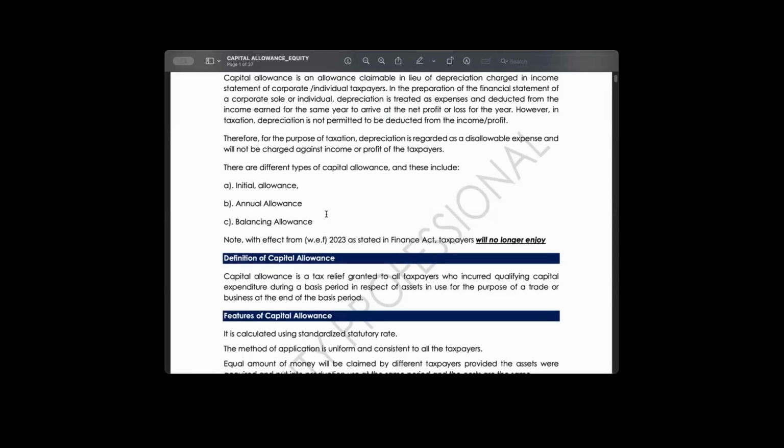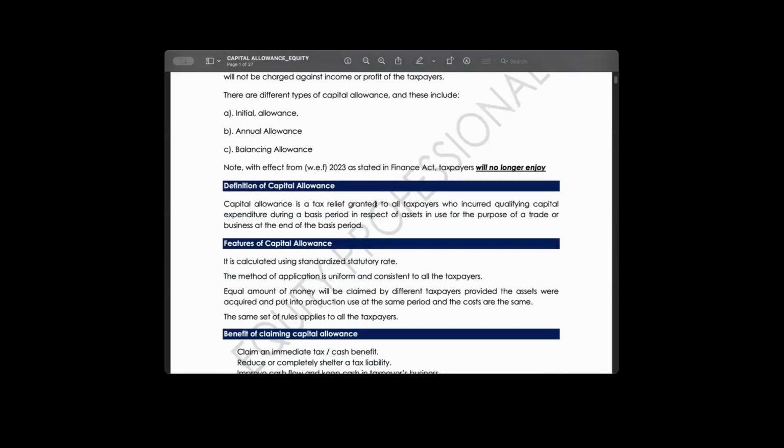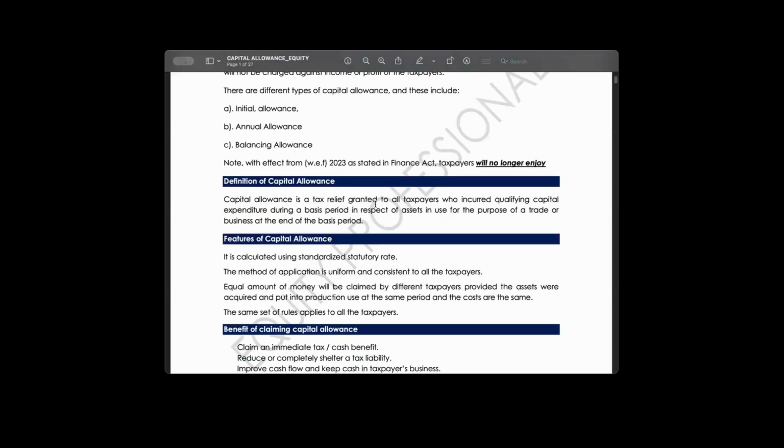So I have said that capital allowance is allowance granted to a taxpayer that has incurred qualifying capital expenditure and put it into production use at the end of the basis period. So this capital expenditure must be put into production use before you can grant capital allowance on it.